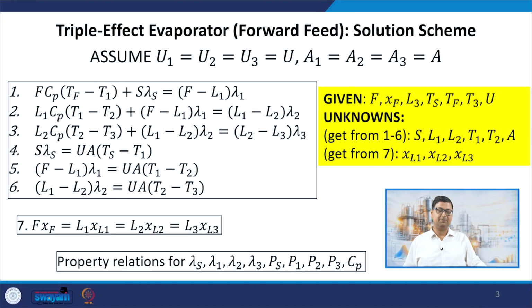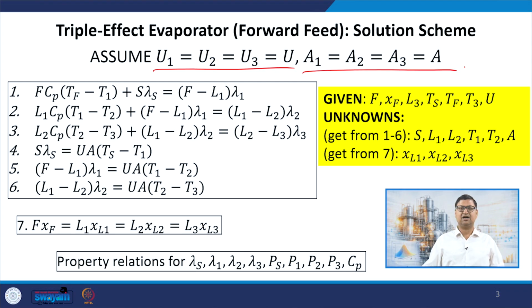So let me begin with whatever equations we obtained for a triple effect evaporator with forward feed, probably 2 lectures ago. We have assumed that the heat transfer coefficients are the same and the heat transfer areas are the same.